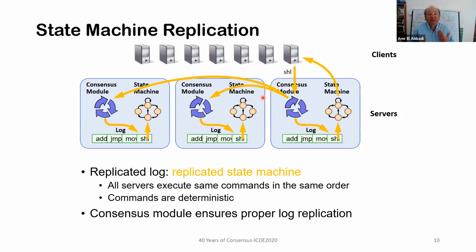Once you've executed it on the state machine, you have the answer, whether it's an update of a file or an update of a replicated database, SQL tables, whatever. Then you tell the clients, hey, we are done. So this is basically the operation that happens in state machine replication. We have an operation, you have a consensus protocol, you update a log, the log is totally ordered, and the head of the log is what is executed, and you move on.